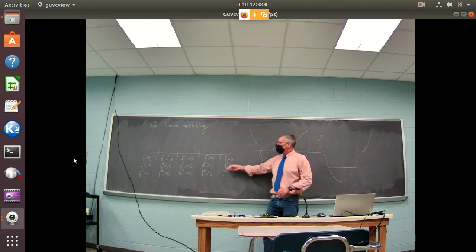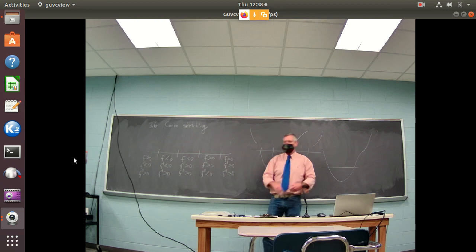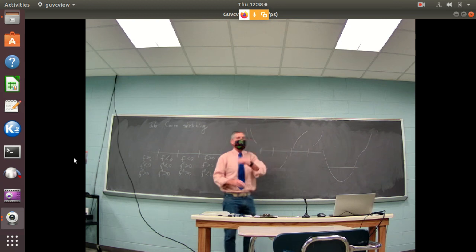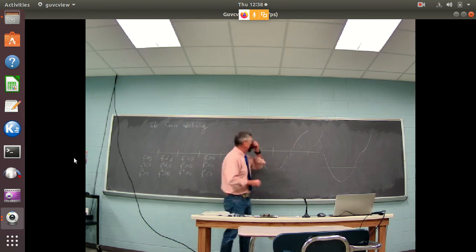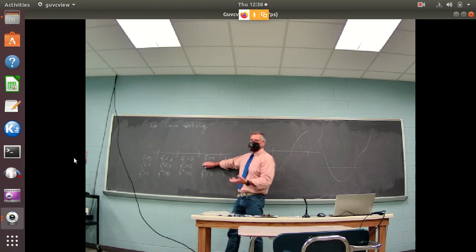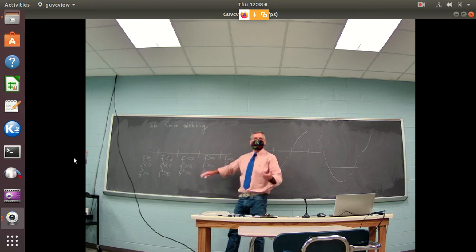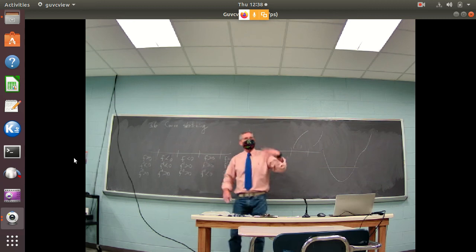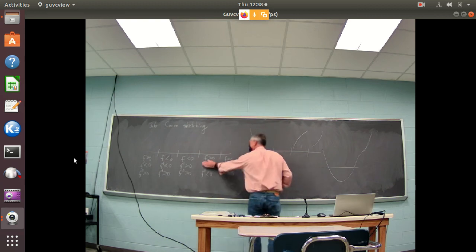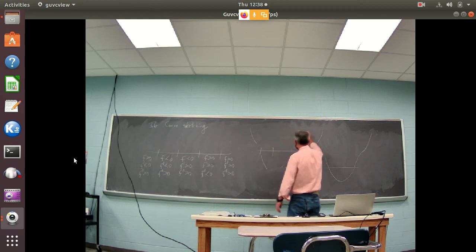Okay, so, if I'm given all three pieces, I should always be able to draw little segments like this that do all those things. Now, if I'm only given a couple of the pieces, if I didn't tell you here about what the derivative was, well, I wouldn't know for sure, is it increasing or decreasing? So if I didn't tell you that one, well, it could have looked like that, or it could have been decreasing and concave down, and so it might have looked like that.